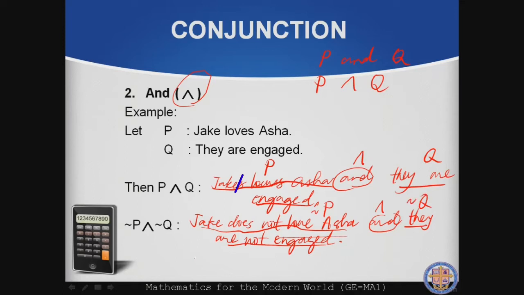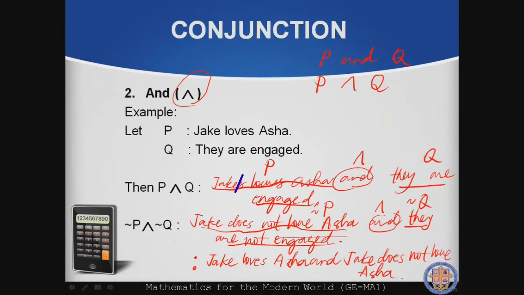What if I will write at the bottom another example, but I will give a verbal sentence, you will change it into symbol. If I will write here, Jake loves Asha, and Jake does not love Asha.